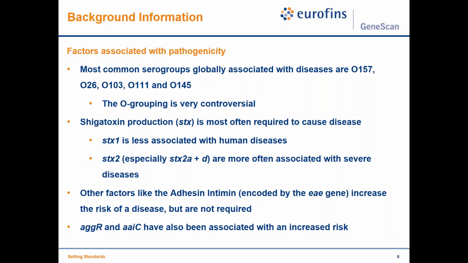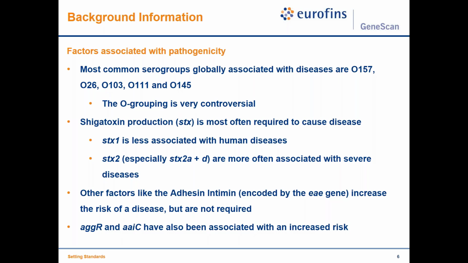But what are they actually? How are they defined? We have said that it's shiga-toxin producing, but there are lots of different aspects that different regulations look at. The most common thing to look at is the serogroups of the E. coli, because there is a strong correlation between the serogroups and the association to diseases.